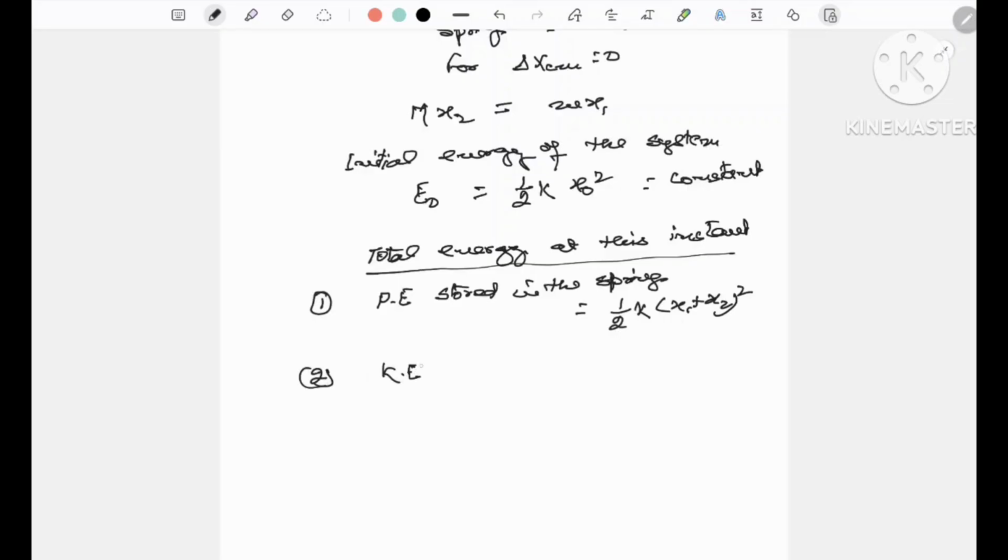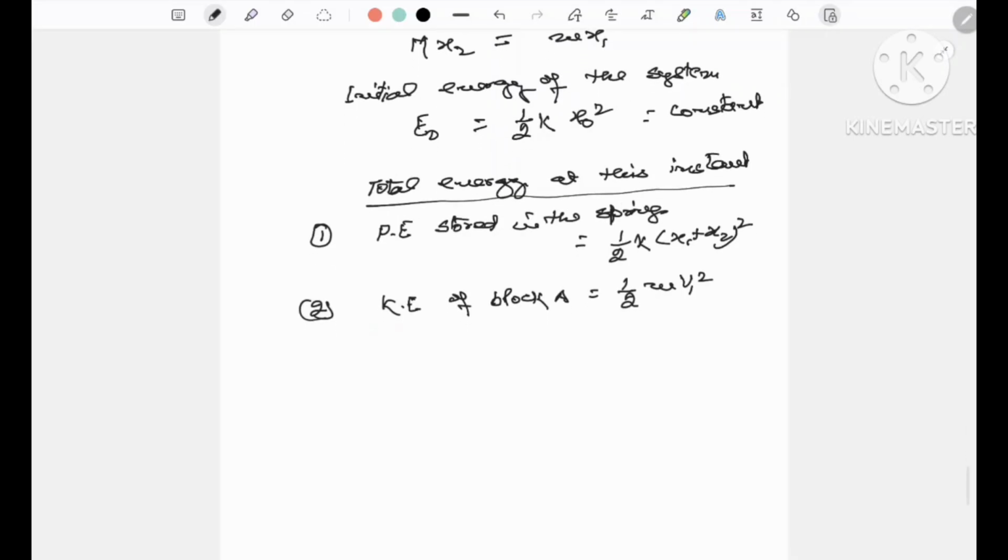Kinetic energy of block A is half m v1 square, and kinetic energy of car B is half M v2 square.